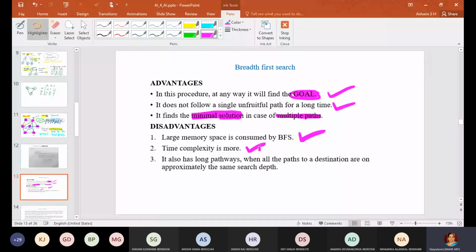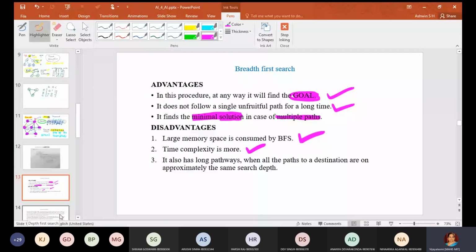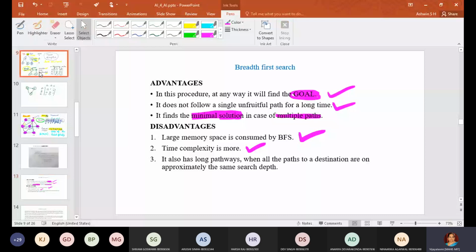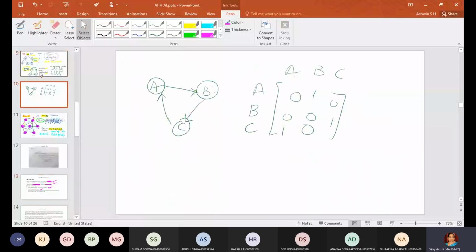It also has long pathways when all the paths to a destination are at approximately the same search depth. This you need not worry about. Only space complexity and time complexity are the two issues whenever we discuss the breadth first search algorithm. Now, with this explanation, I will go to the next one, that is depth first search.